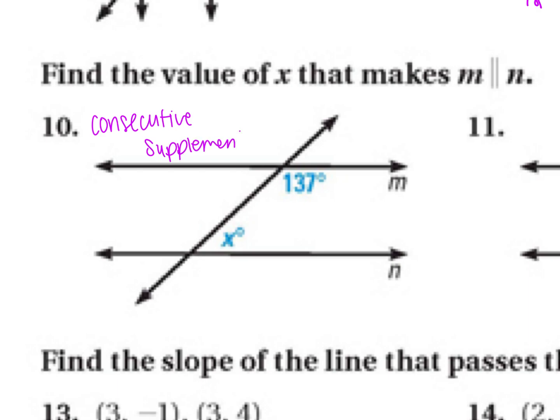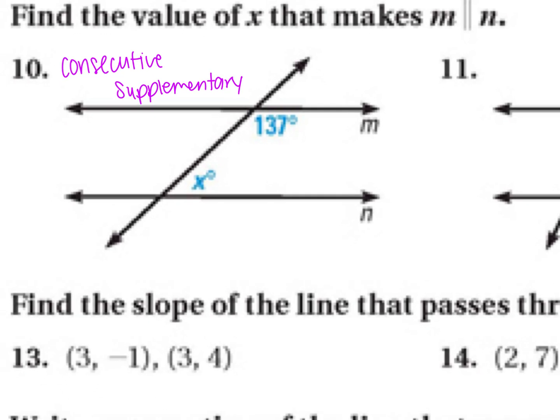Supplementary means adds to equal 180. So for this one, I'm just going to subtract 180 minus 137. I'm going to get 43. So x equals 43 degrees.